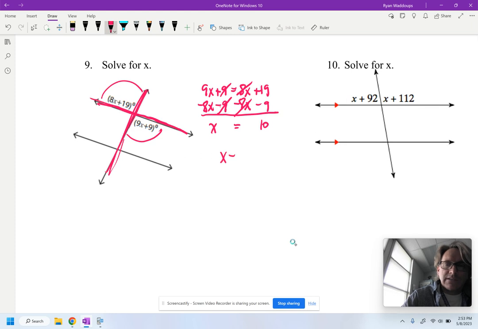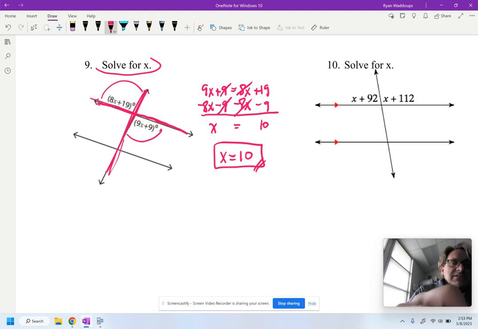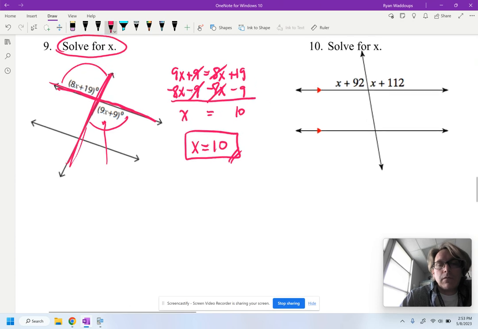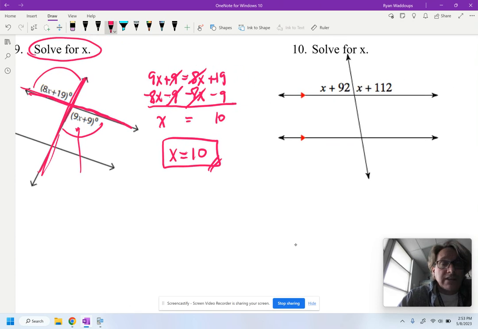And so x equals 10 is what we're looking for since they asked us to solve for x. Make sure you're checking to see what you're being asked for, because they might have asked for the angle measure, and then x equals 10 would not be the right answer. You would have to put 10 back in here, and 10 times 9 would be 90 plus 9. So the angle measure would be 99. But they've asked us for x, and so this is the correct answer.